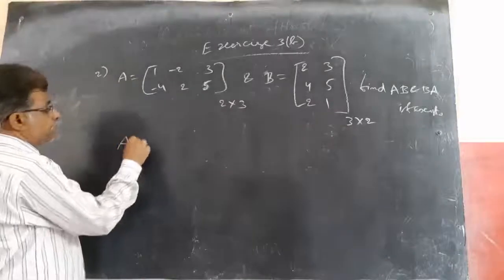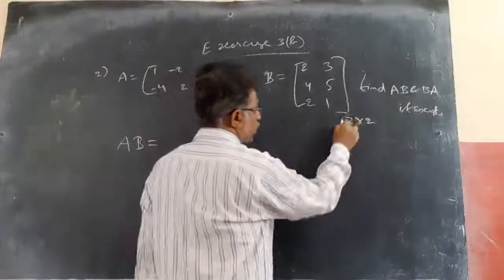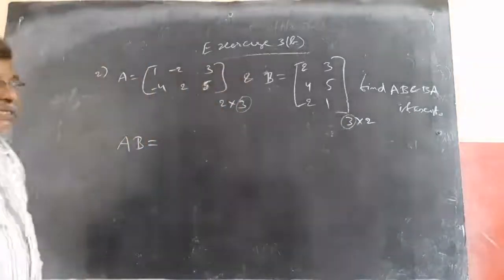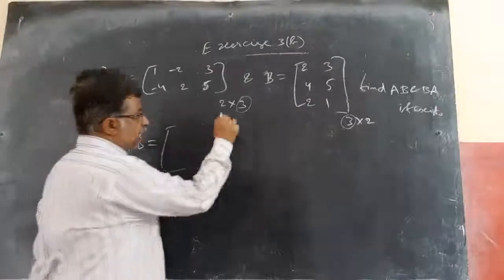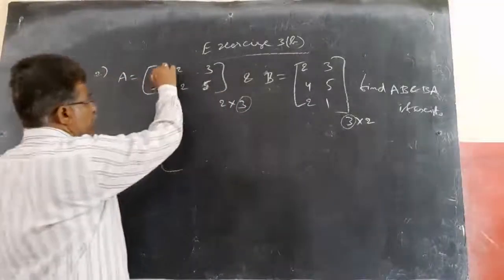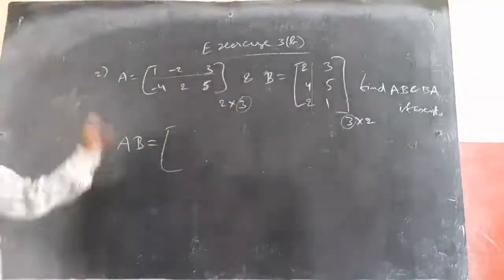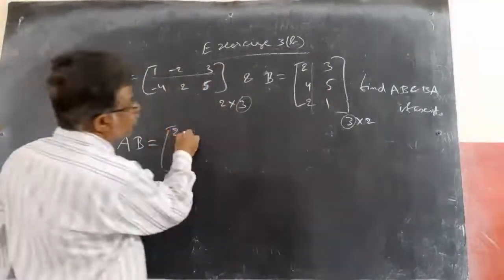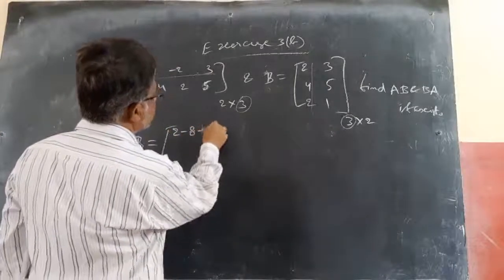First we will do AB. Number of columns in the first matrix equals number of rows in the second matrix, so AB is 100% possible. The resultant is 2 by 2. The first row, first column element we get by doing first row with first column: 1 into 2, 2, minus 2 into 4, minus 8, 3 into 2, 6.